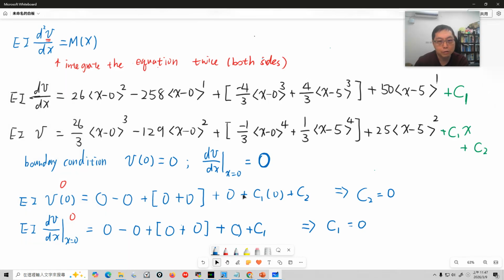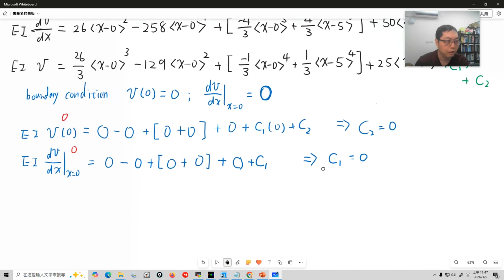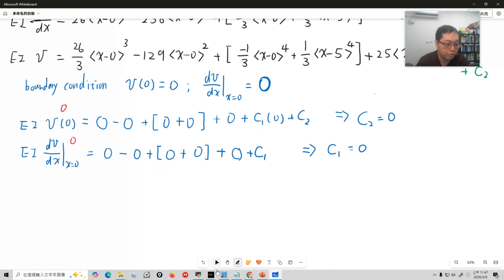So we know C1 and C2 are 0. So what is our elastic curve function finally?